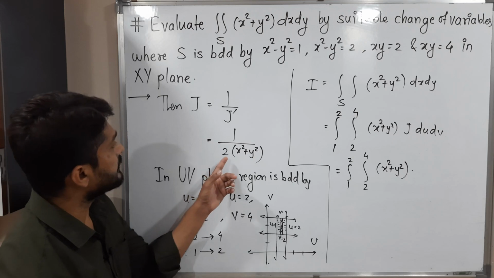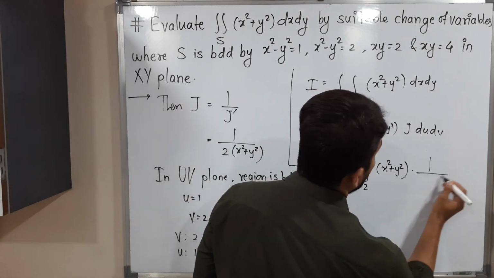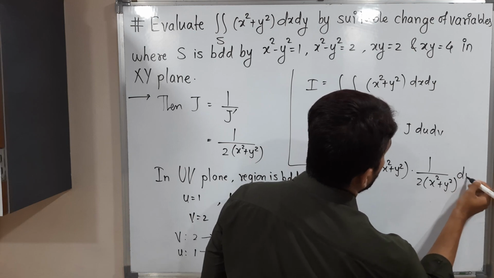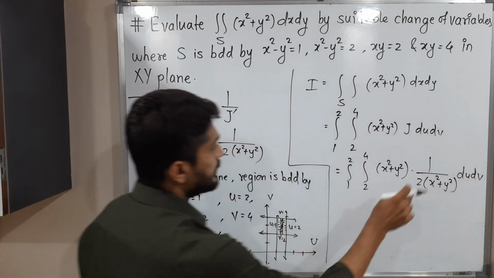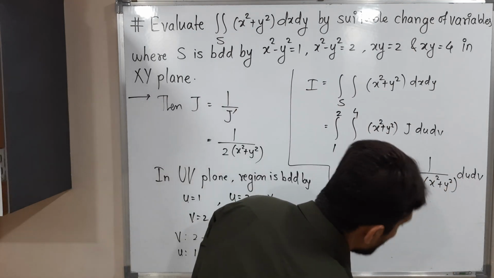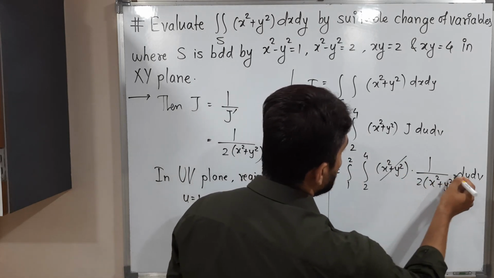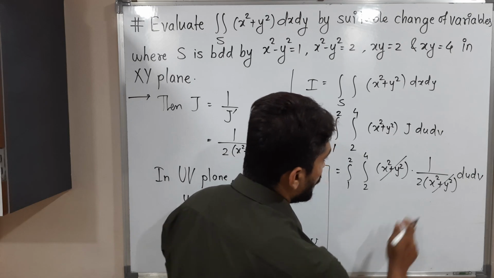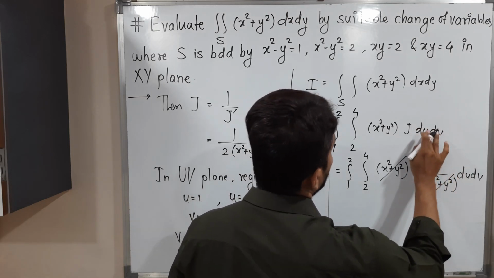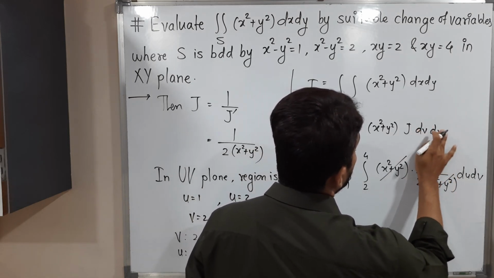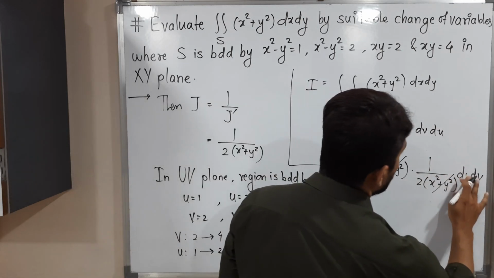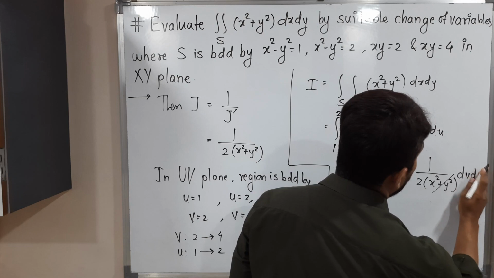Our z, yeah, this one, 1 upon 2 x square plus y square, du dv. Okay, so j is also in terms of x and y. So you can easily see here we can cancel out this bracket x square plus y square. That 1 by 2 is constant. Sorry, I am supposed to write dv du here, since our strip is parallel to the v axis. Here I should write dv and here I should write du.